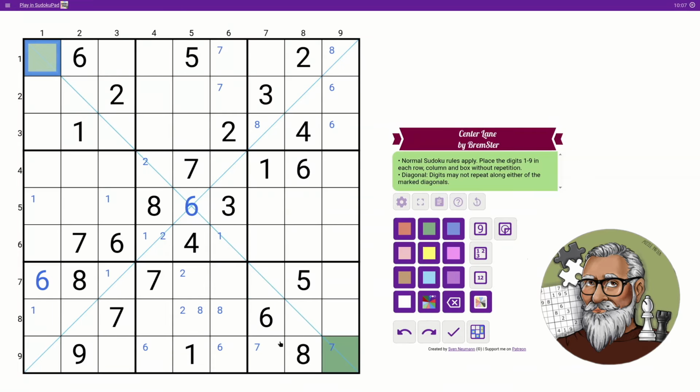So if this one is 7 or if this one is 7, both would eliminate 7 from these two cells, from row 9 column 1 and row 1 column 9. Well, of course we couldn't have had 7 here anyway, but now we can't have 7 in this cell either. So on the positive diagonal, one of these two has to be a 7.